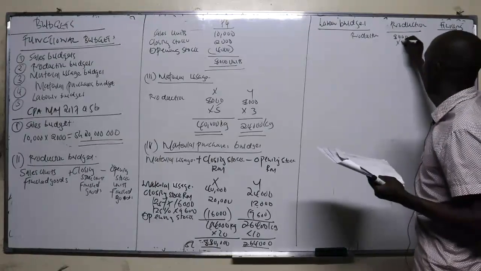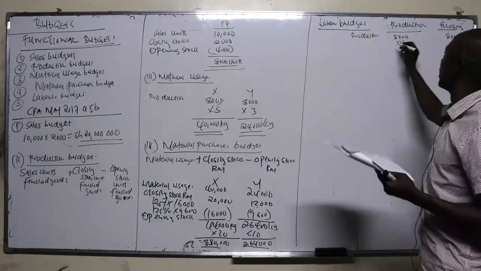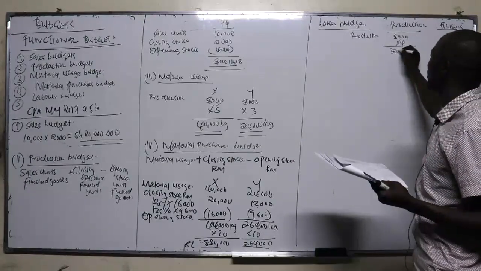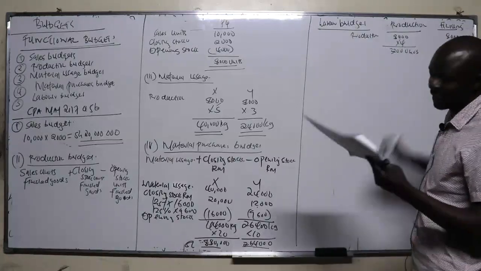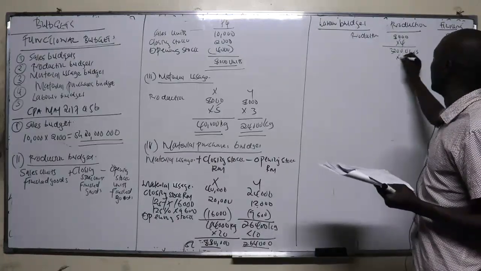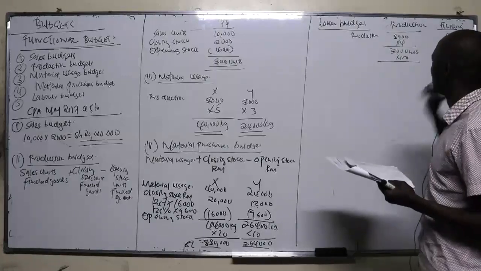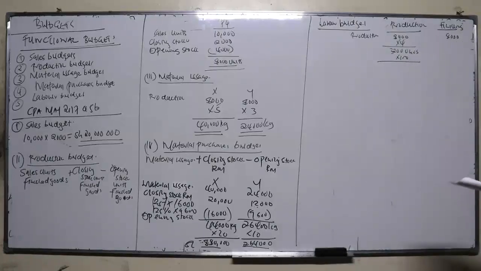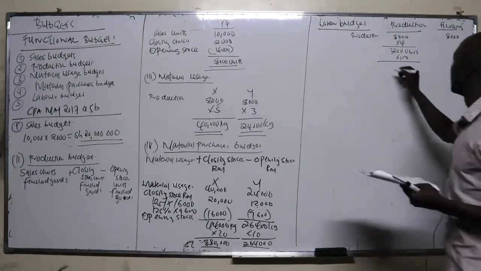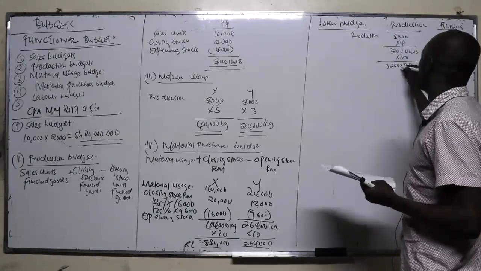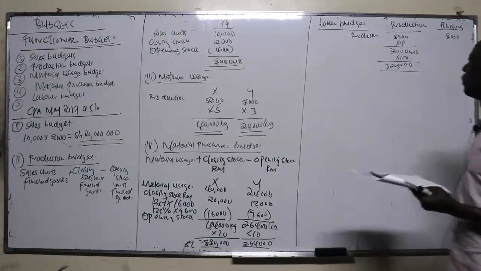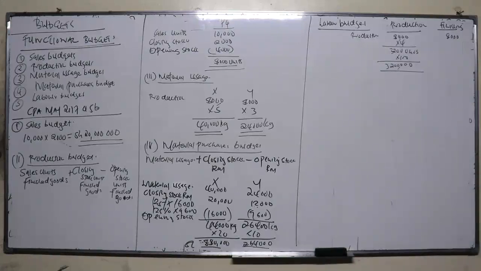So we multiply by 4 to get the number of hours, which is 32,000 hours. Each hour is paid at 100. So you multiply by 100 to get money. So how much do you get? 3.2 million. So that is the amount of money they're going to spend on labor in production department.